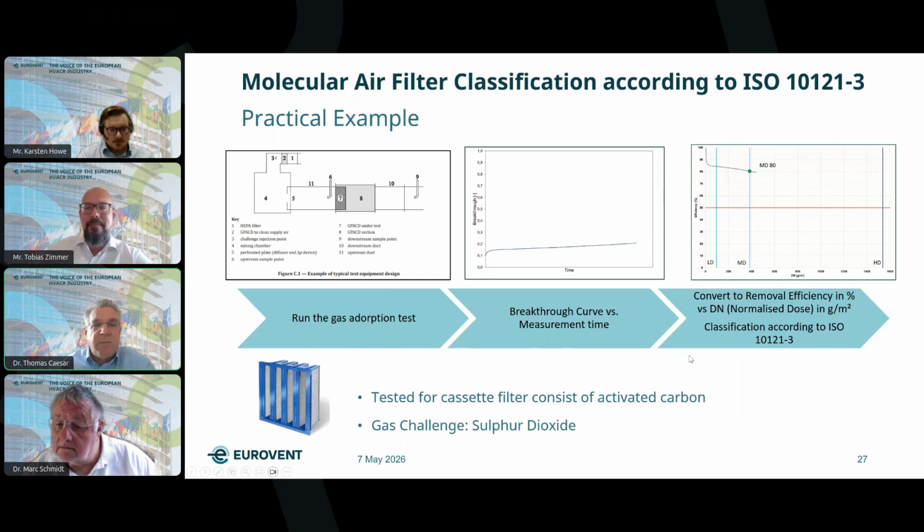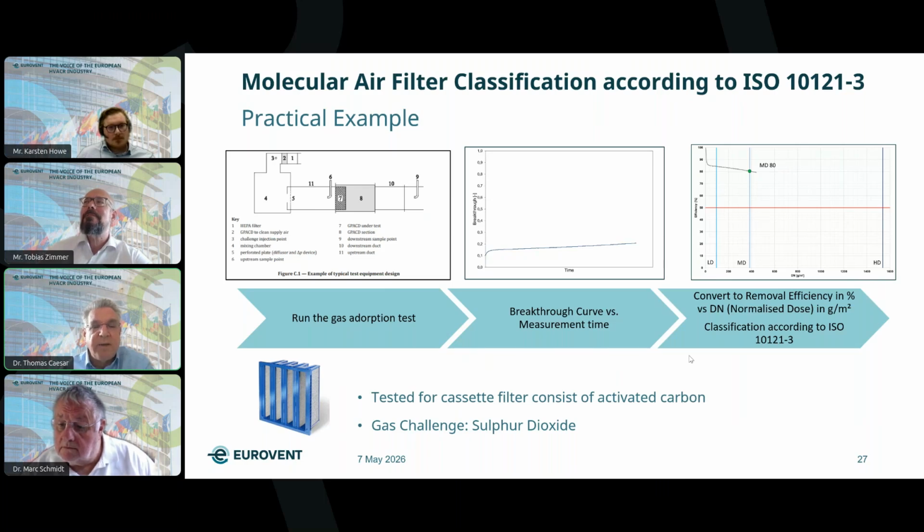To summarize what Tobias already showed, basically the classification, here's an example of a wheat bank cassette filter with activated carbon. The challenge gas is sulfur dioxide.